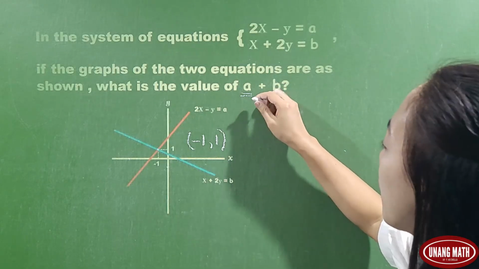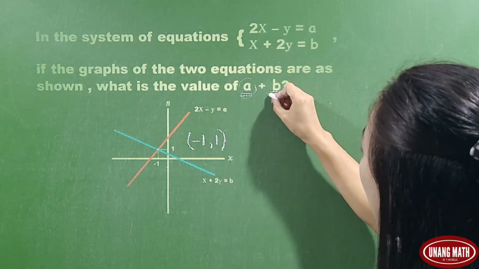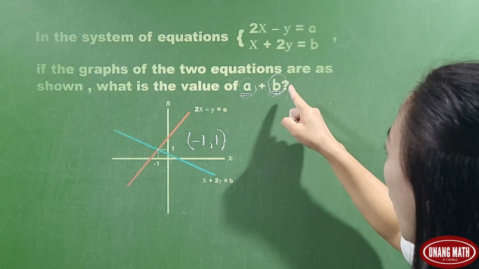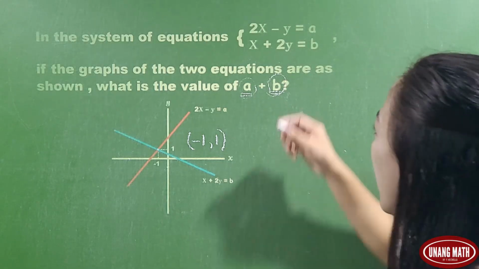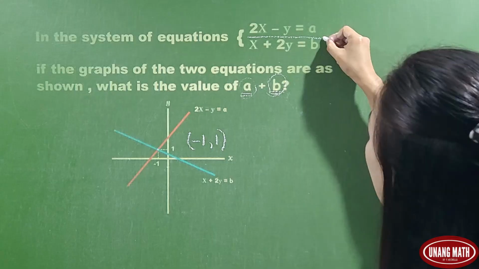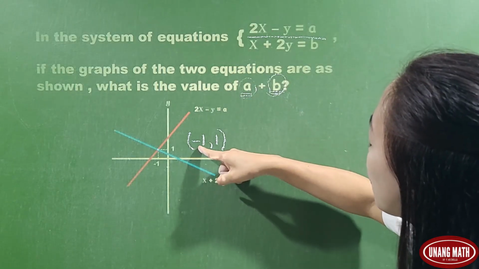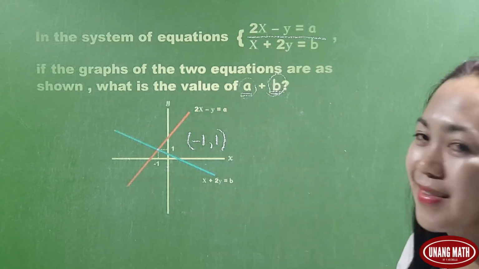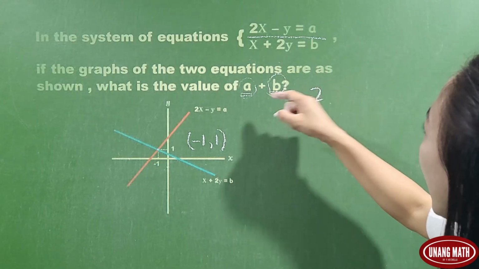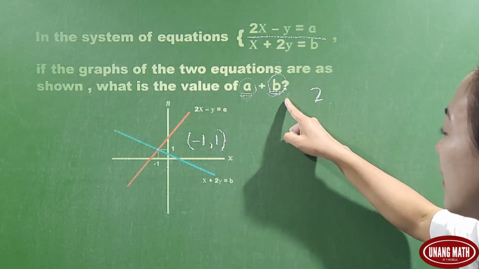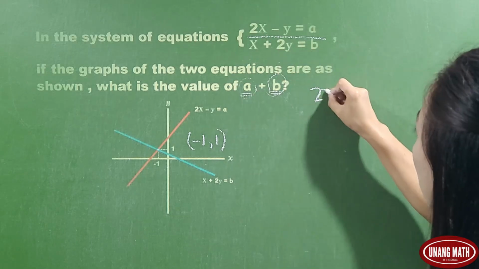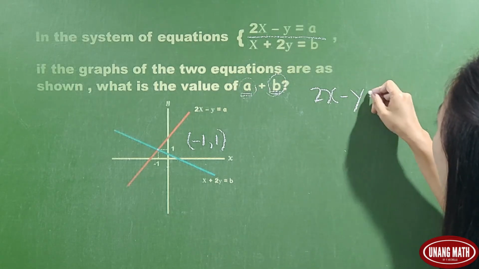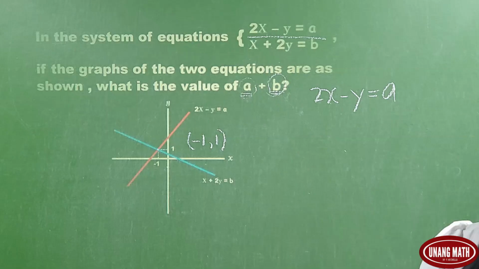Okay, now, we have to find the value of a and the value of b. So we will be using this equation and we will substitute this value in this equation, to find a and later on b. So we have here 2x minus y is equal to a.